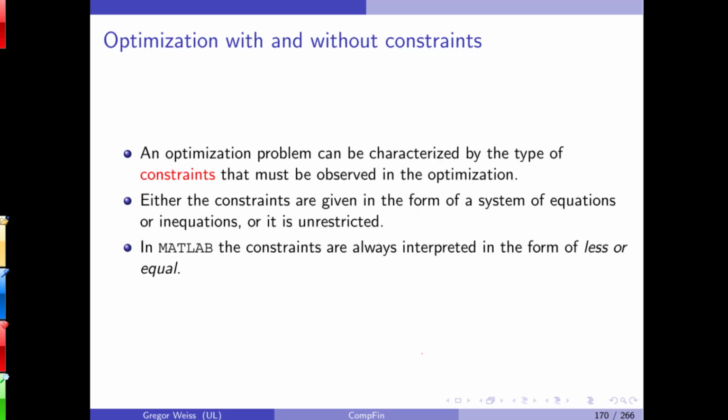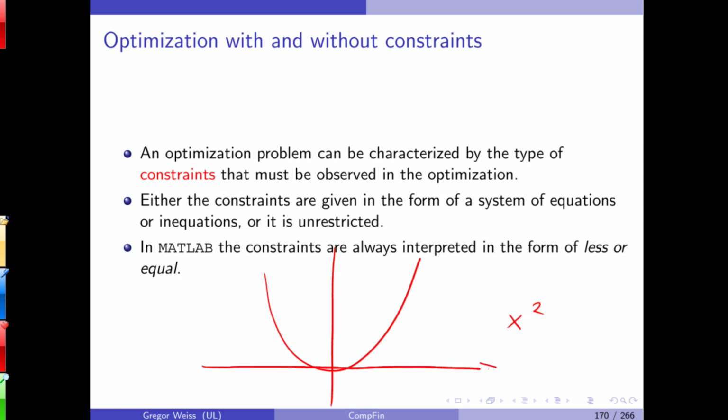We can also differentiate between optimization with and without constraints. Without constraints, it's quite clear. You have a function f. With constraints, things get a little bit tricky. Why is that? If I were to give you this function, x squared, you know this from school, and you know this is a very simple case.